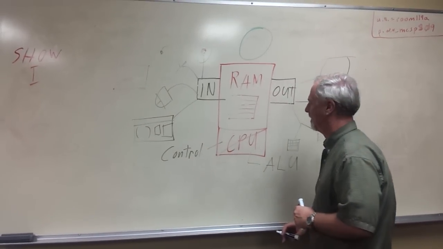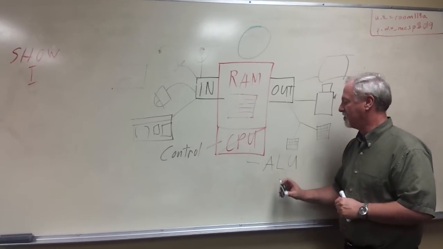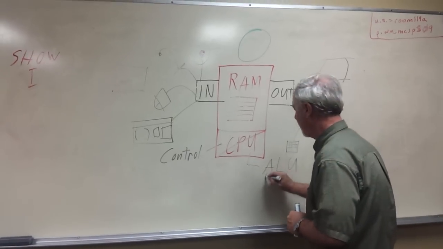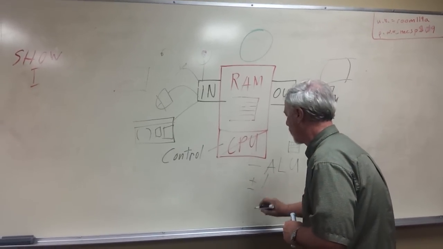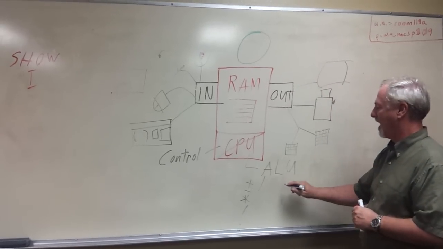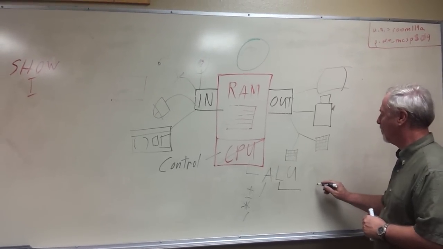The Arithmetic Logic Unit is made up of two major parts. The arithmetic part does math: addition, subtraction, multiplication, division. And the logic part does comparisons, can compare two numbers to each other.